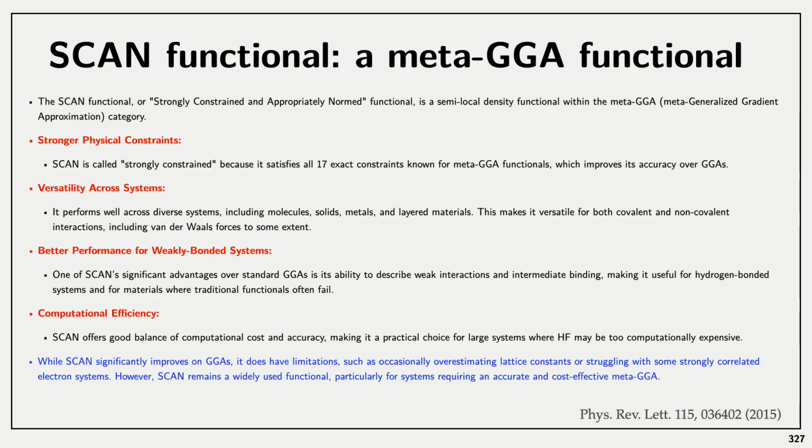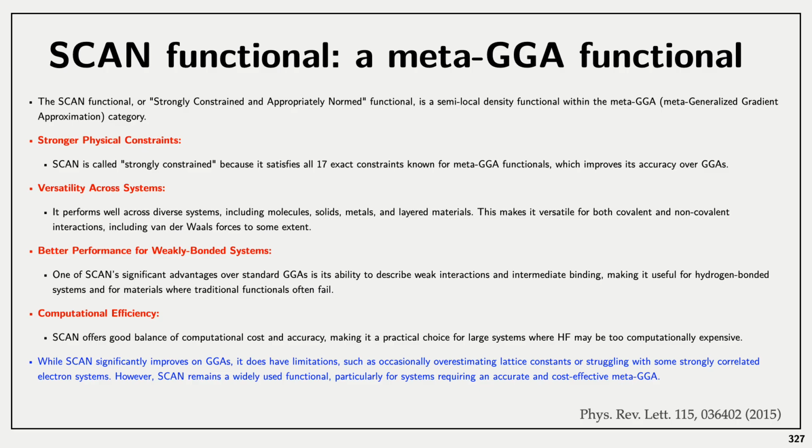It's still not the panacea. I mean, no exchange correlation functional is the panacea. It still sometimes overestimates the lattice constant. It's not doing that great with strongly correlated electron systems, like most exchange correlation functionals have problems with that. But it's a very useful functional.